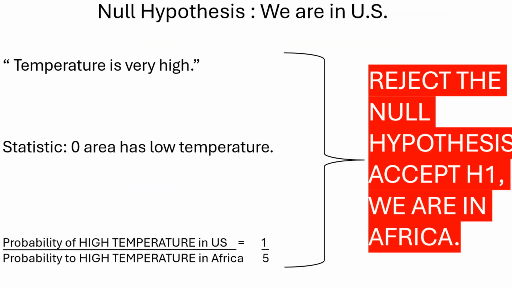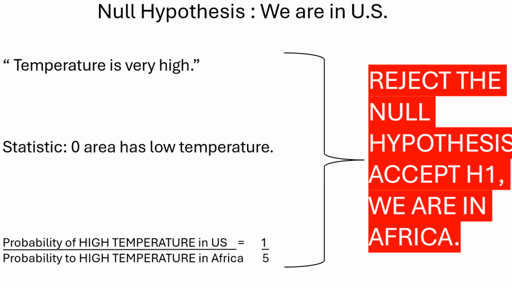Now we have this null hypothesis that we are in US. We can get the crux of the data in three forms. The first one, the very commonly found form, is language: the temperature is very high. We can get the same information in the form of a digit, that 0 area has low temperature.